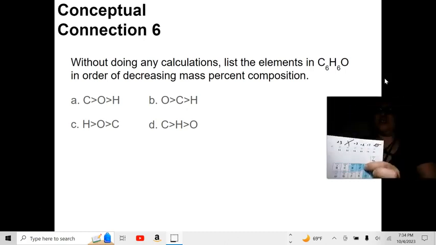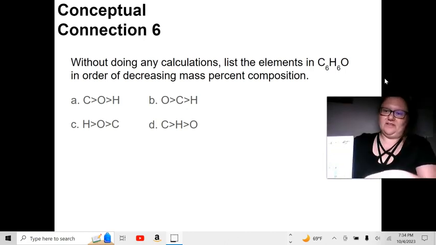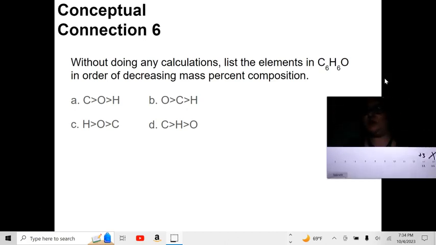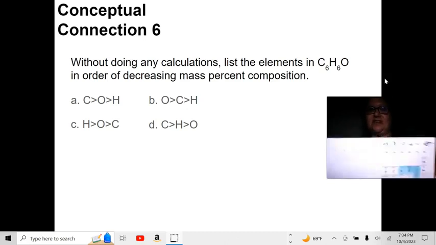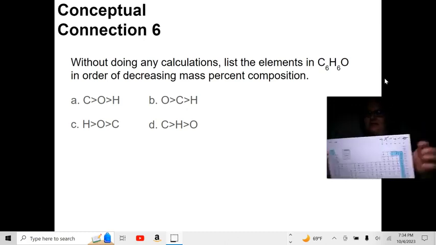Okay, oxygen is 16. You have one of them in this formula. Hydrogen is 1 each, and you have 6 in this formula. So that's less than 16. So right there, I have more percent oxygen than hydrogen in this chemical.